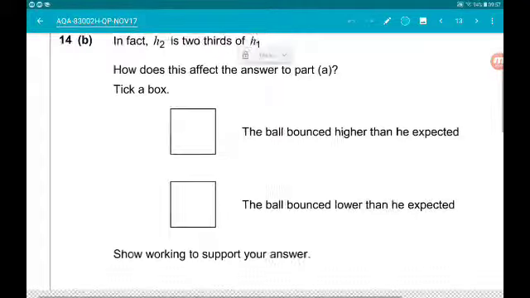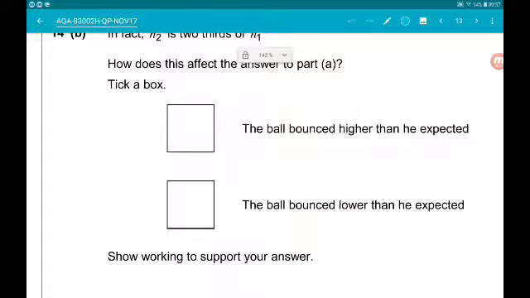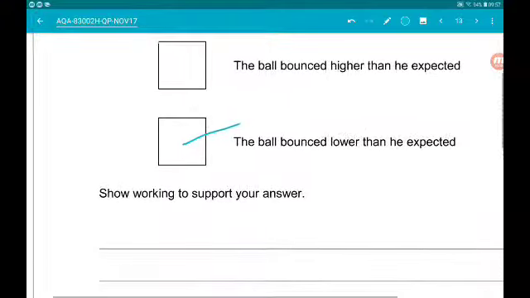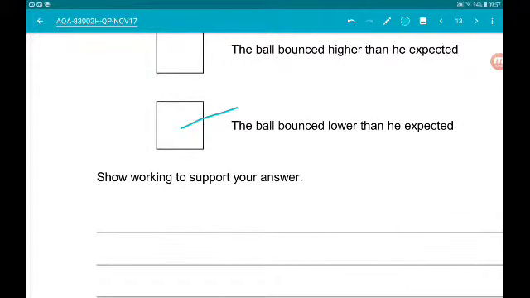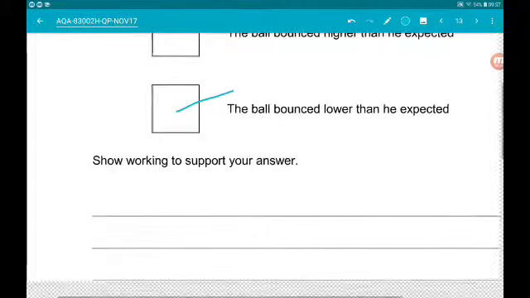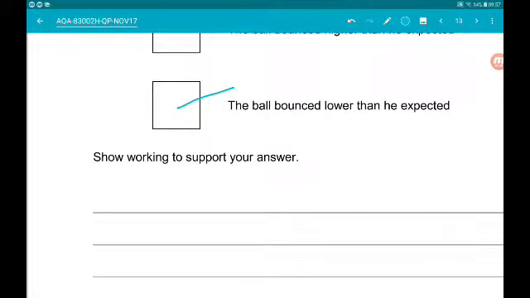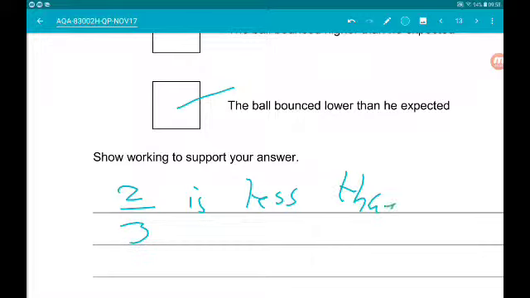So it's going to bounce lower than expected. Now it says, show workings to support your answer, so you could work out the actual height of H2. You would be fine just saying that 2/3 is less than 3/4. Cool.